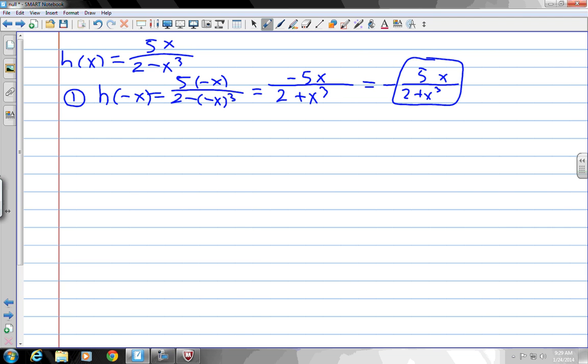The whole thing is not equal to the original function, and if you ignore the negative, that's not equal to the original either. So it's neither odd nor even. If you're able to pull a negative out like that, you can stop and say it's not the same as the original and not the same as the negative of the original. So this is another example of neither.